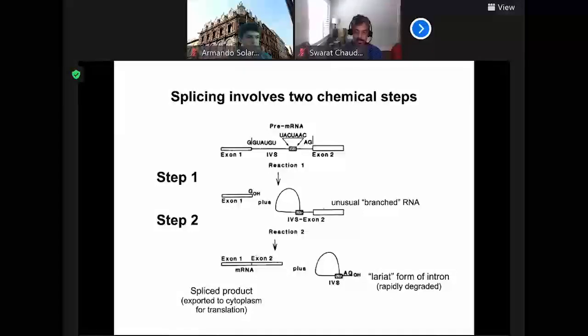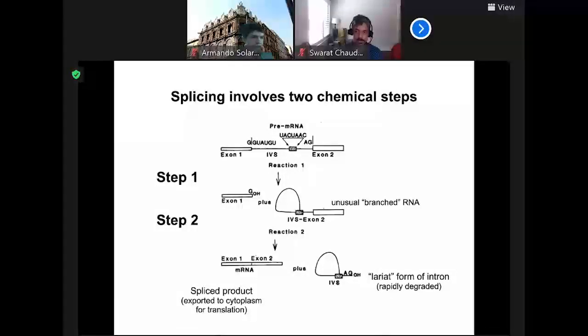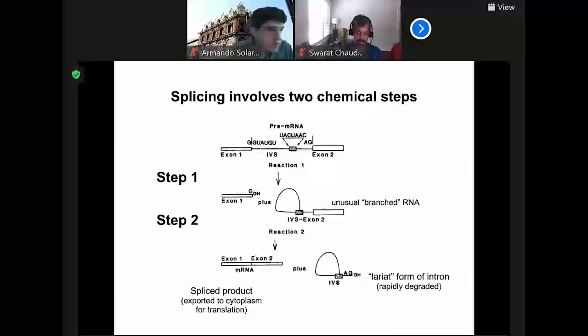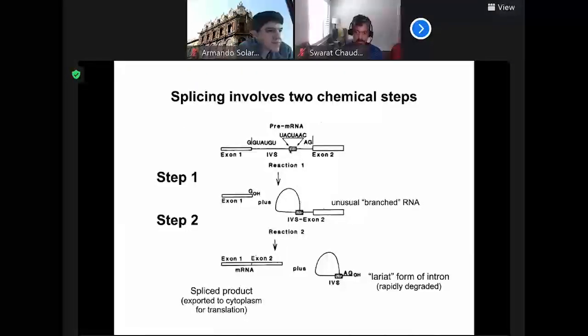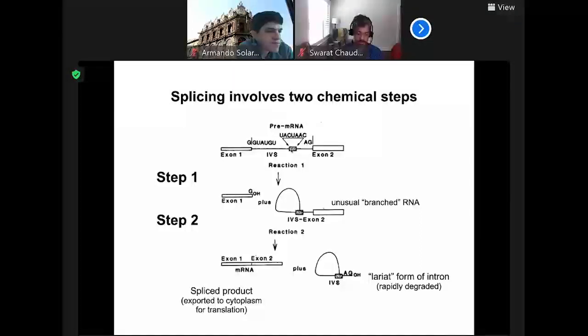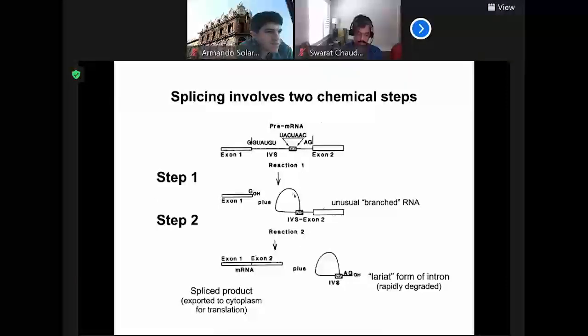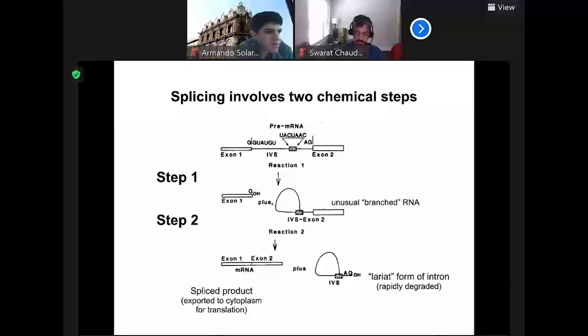To briefly introduce the chemistry, splicing involves two chemical steps. In the first step, a segment near the 3' or downstream end of the intron forms this unusual branch structure, where it forms a covalent attachment to the 5' end of the intron.